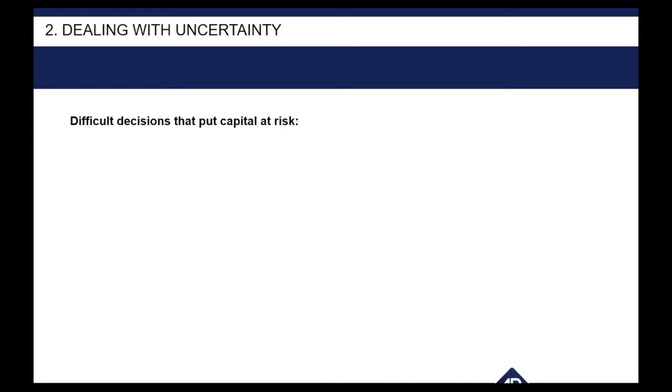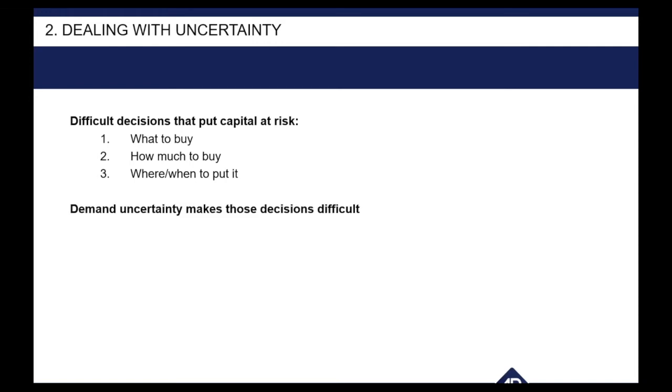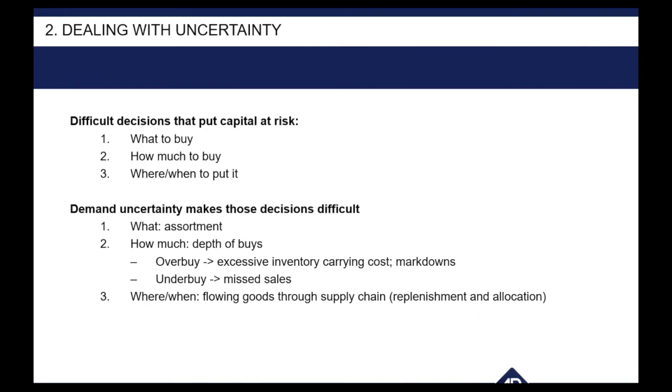And the uncertainty puts capital at risk, because there are decisions such as what to buy, how much to buy, and once we have inventory, where and when do we put that inventory? Do we allocate an inventory? Those decisions translate, in particular, the what to buy means assortment.